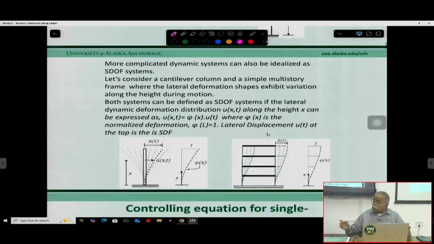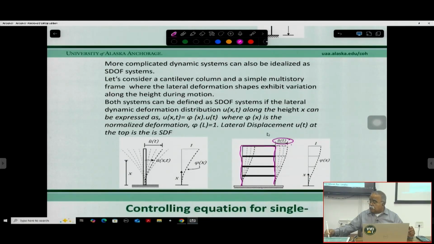As you can understand, if your earthquake comes, the building oscillates like this. So this is your oscillation or displacement, and this is the function which we will do for multi-degree of freedom systems later, but that's fine. If you can see, this is your structure, a multi-story structure like this, and on the top there is a displacement UT, because that is the maximum displacement.